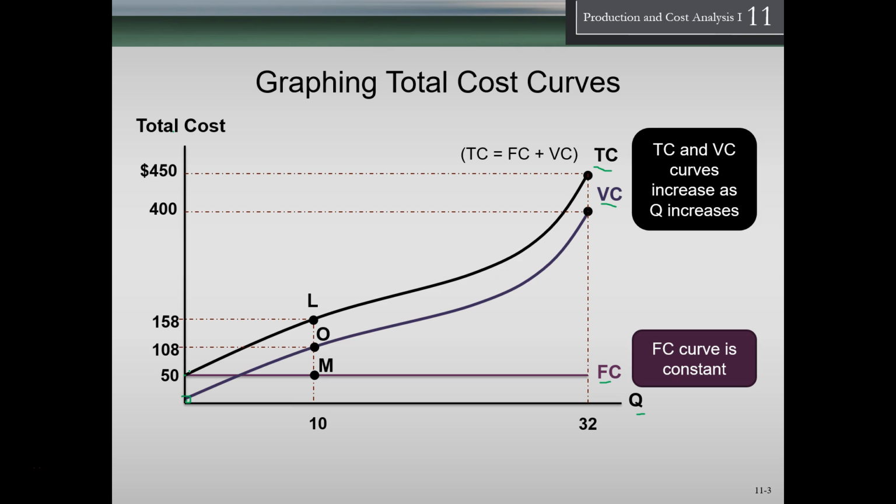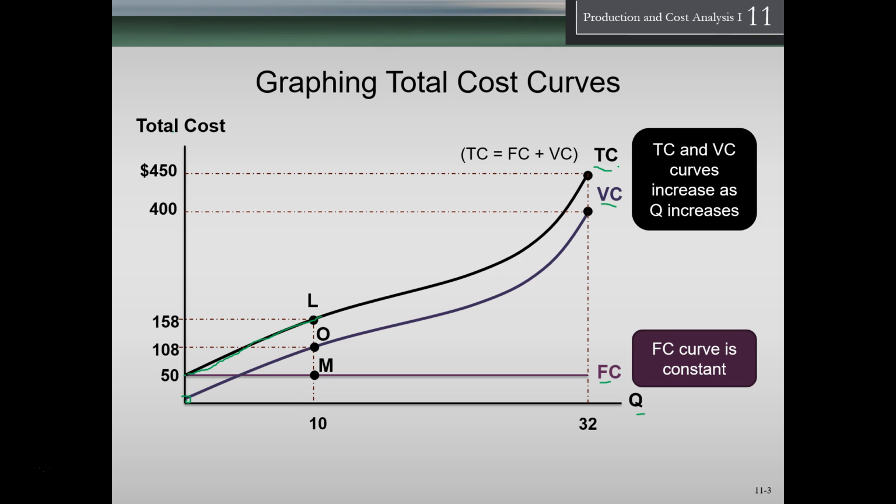From that point, the rent's going to be the same, and the variable costs will then go up at the same rate as the variable costs down here. So we have a line that starts at the fixed cost of 50, and then it's parallel to the line at any given point of the variable cost when we're taking a look at the total cost.